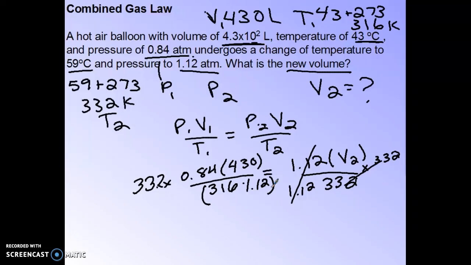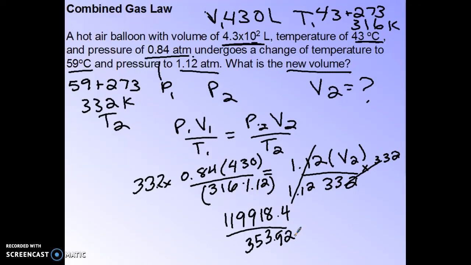Alright, times 0.84 times 430. Okay, so for the numerator I have a huge number, which makes sense, just multiply 3 numbers together. All of that over 316 times 1.12. I've got 353.92.